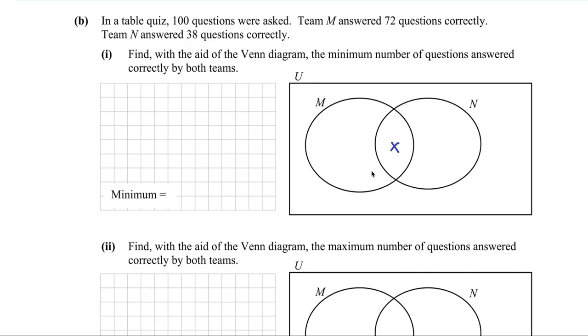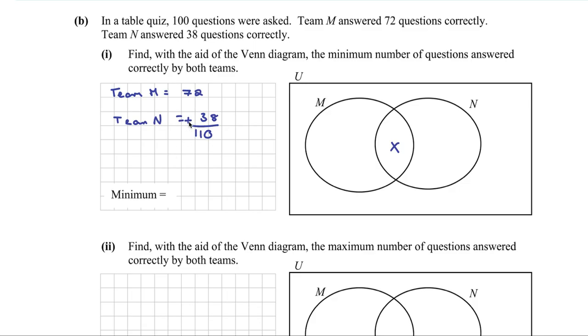There's 100 questions, but Team M answered 72 correctly. Team N answered 38 correctly. If I actually add those two together, I get 110. So what does that tell me?